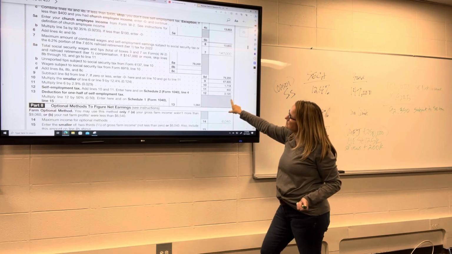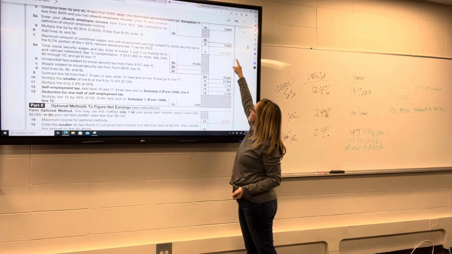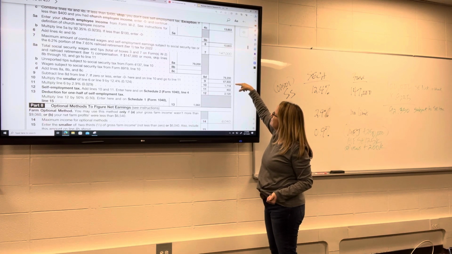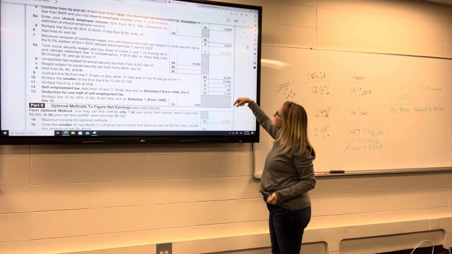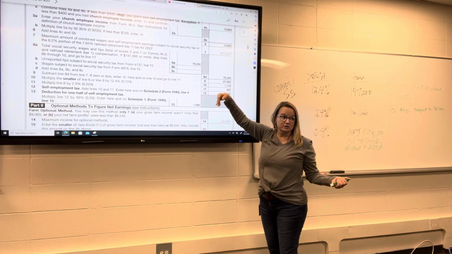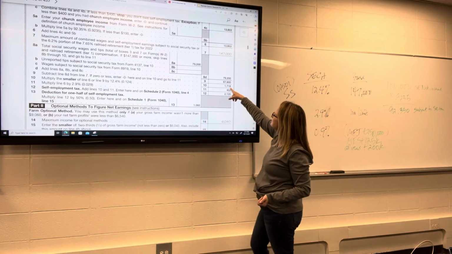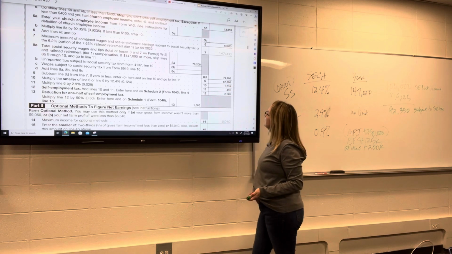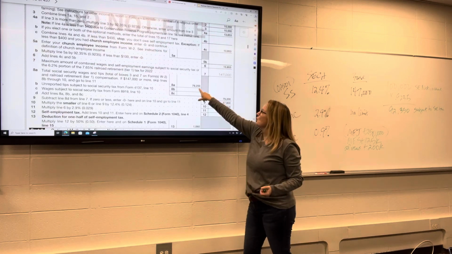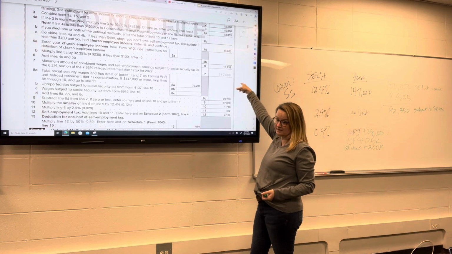Line 9. So subtract line 8D from line 7. So this is the amount. If this was 0 or less than 0, then that means we've exceeded that wage base, and we've got amounts that aren't subject to Social Security tax. But in this case, after our wages, we still had $67,800 of income to go before we get to that 147.